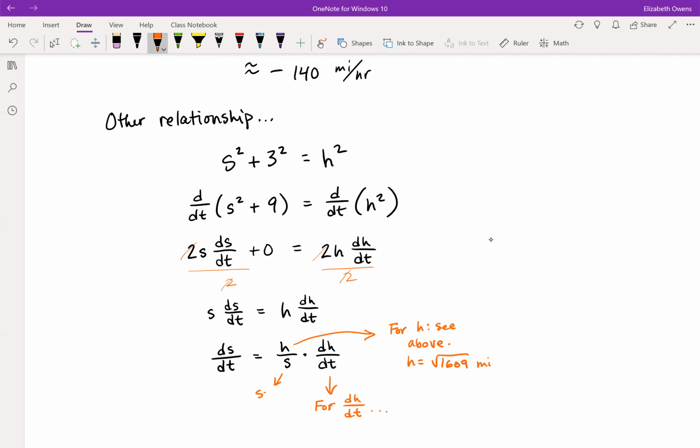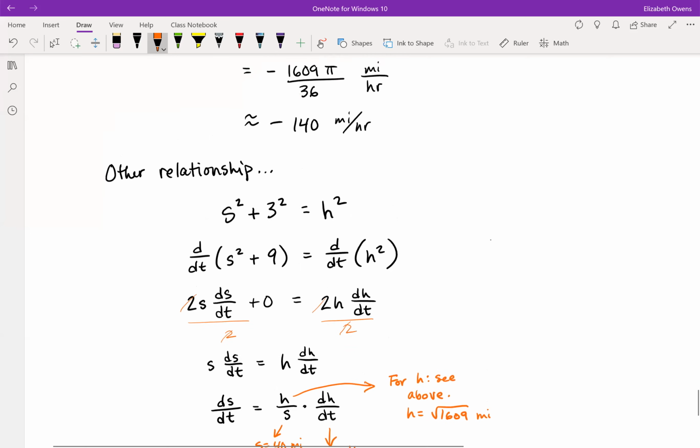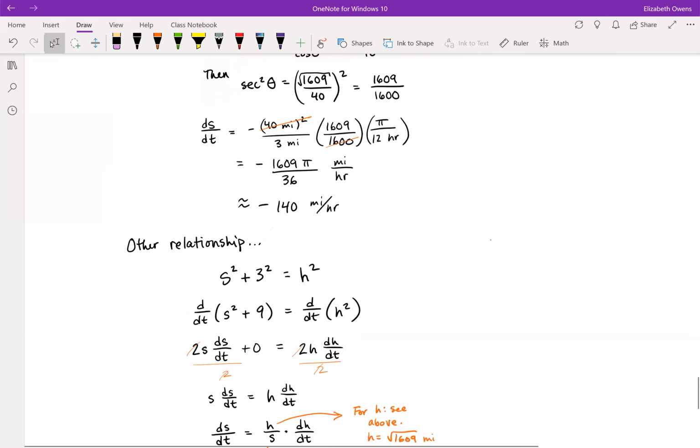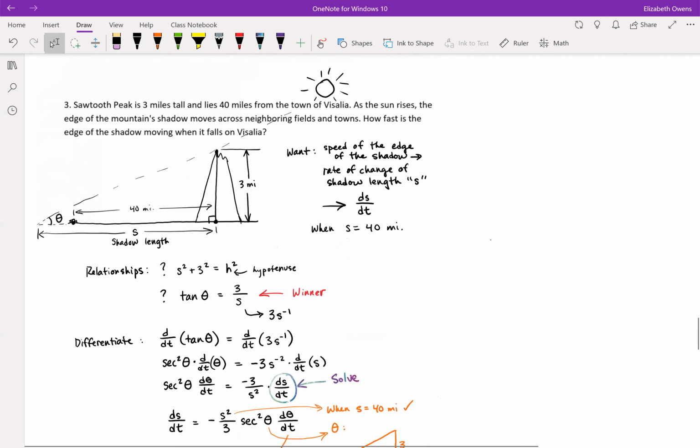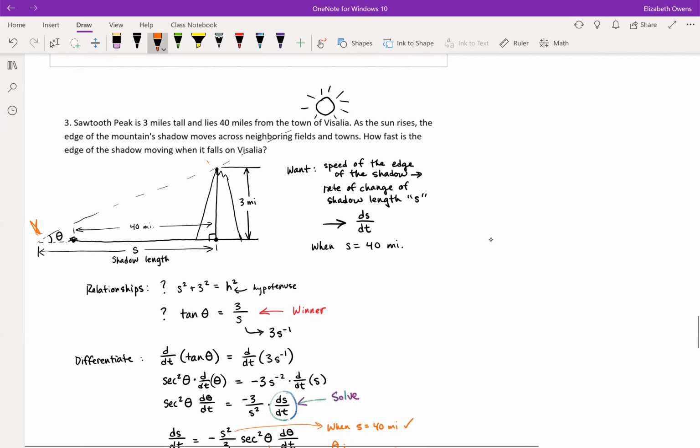I mean, we've got s is 40 miles, but for dh/dt, you would have to find out how that hypotenuse length is changing over time, which you probably could work out if you looked at the angle theta again, but then that would require you to look at theta, and if you're going to work with theta anyway, then you might as well use this other relationship, in my opinion.